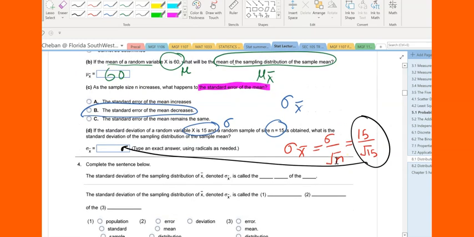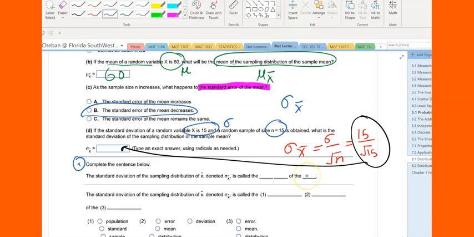Question number 4. Complete the sentence below. There is a drop down menu, and you select the right answer. The standard deviation of the sampling distribution of x bar, denoted by sigma x bar, is called the standard error of the mean.